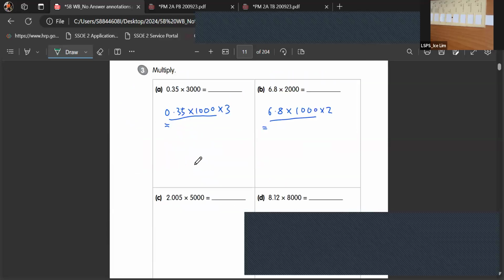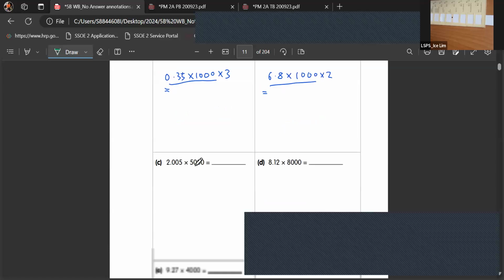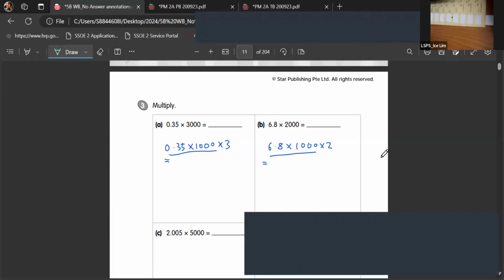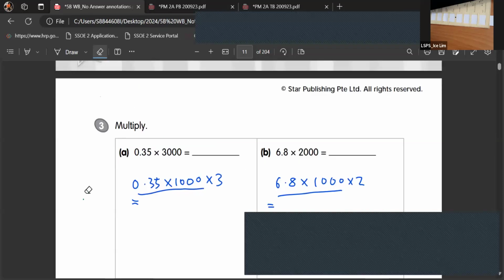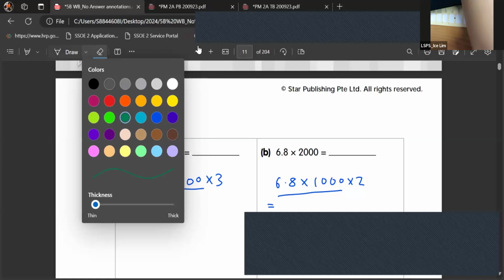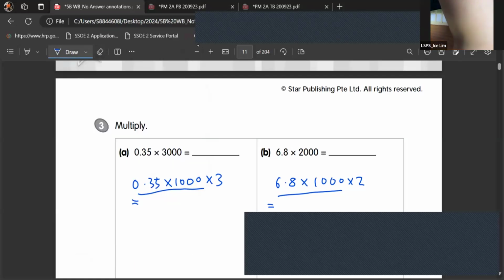Then go to thousands. Okay. For thousands, maybe I would choose to do times 3 first. Because let's say I times 1,000, 0.35 times 1,000.